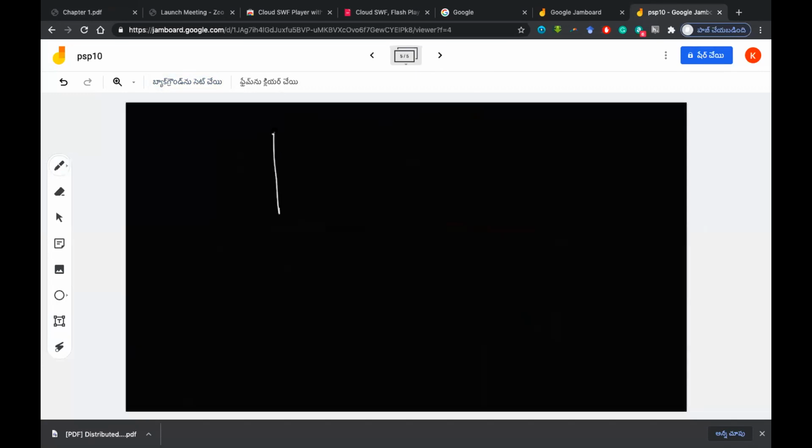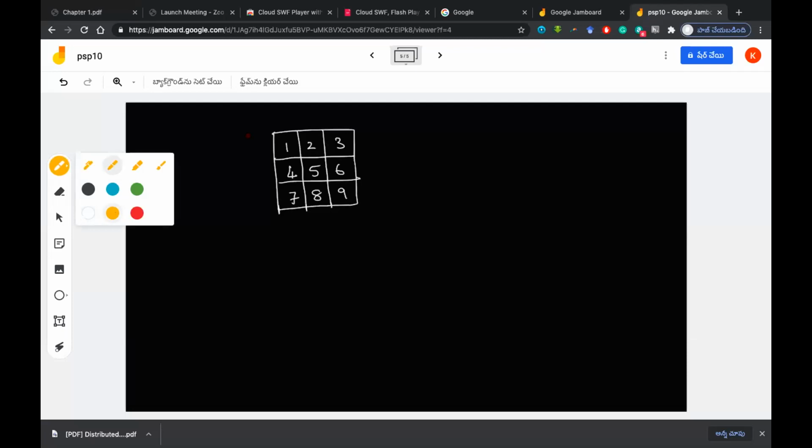Now, I will draw a big cube type of thing. So I have 3 1D arrays like this. So this is 1, 2, 3, 4, 5, 6, 7, 8, 9, and this is indicated by m.